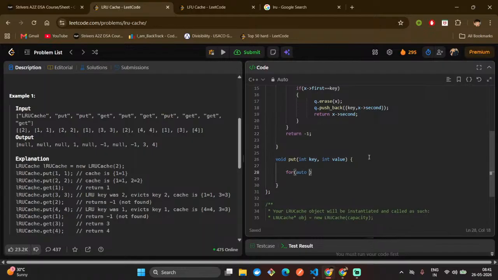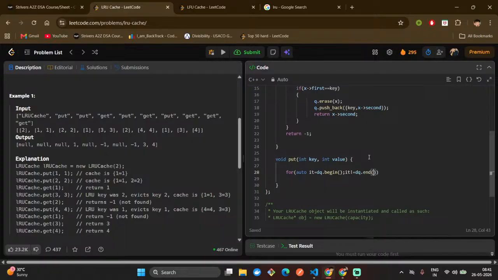Now we have to check like IT. So the x dot begin, and IT will not become dq dot empty. dq dot empty, no, nothing.